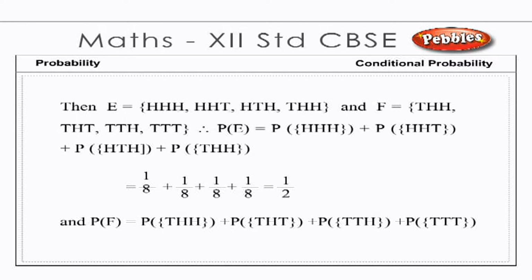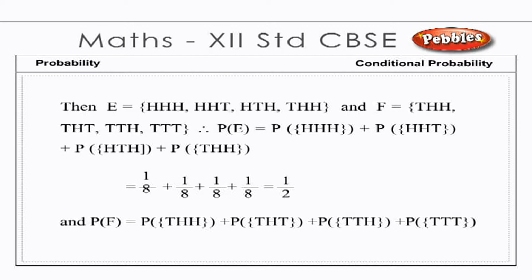Then E is equal to {HHH, HHT, HTH, THH}, and F is equal to {THH, THT, TTH, TTT}.